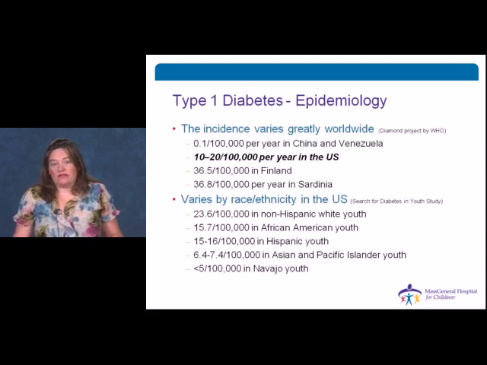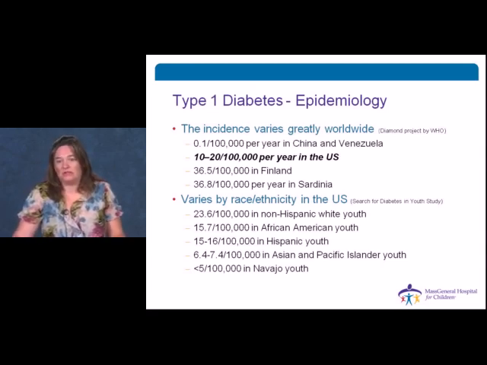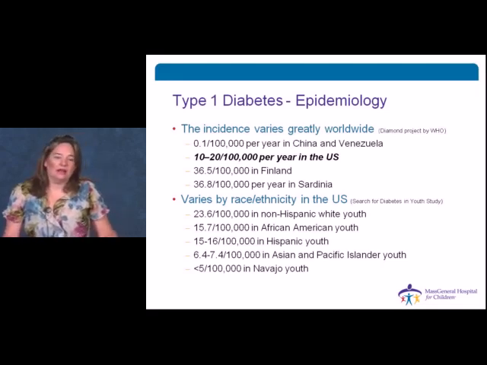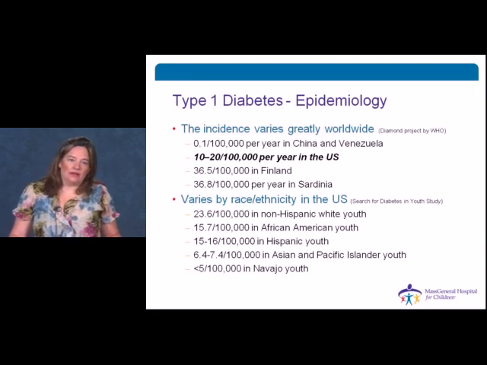Incidence varies by race and ethnicity in the U.S., and there is some data recently published out of the SEARCH for Diabetes in Youth Study. It's highest in non-Hispanic white, lowest in Native American youth, and the others fall in the middle.